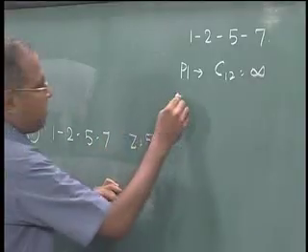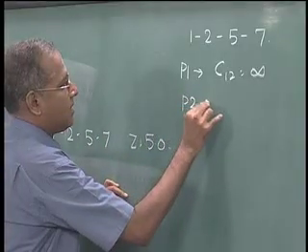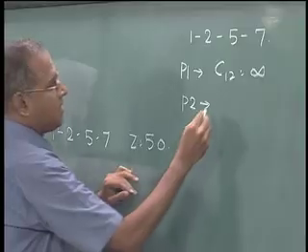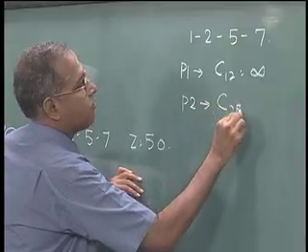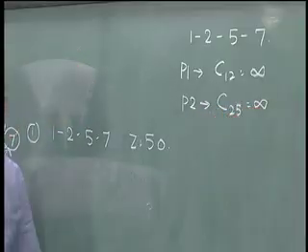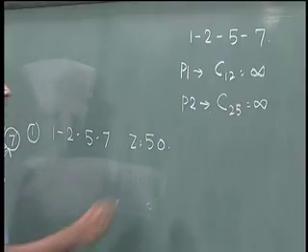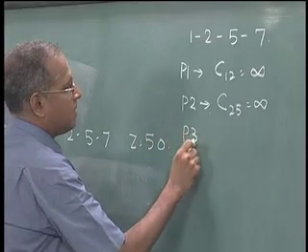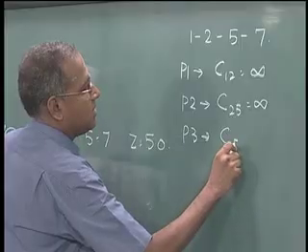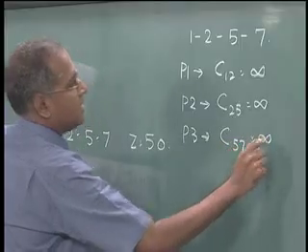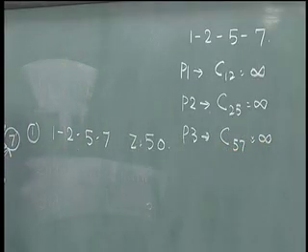The second problem will be P2, where we keep this as 15 and then we put C25 equal to infinity. And then we take the third case, P3, where we put C57 equal to infinity. Now, we have to solve 3 shortest path problems.